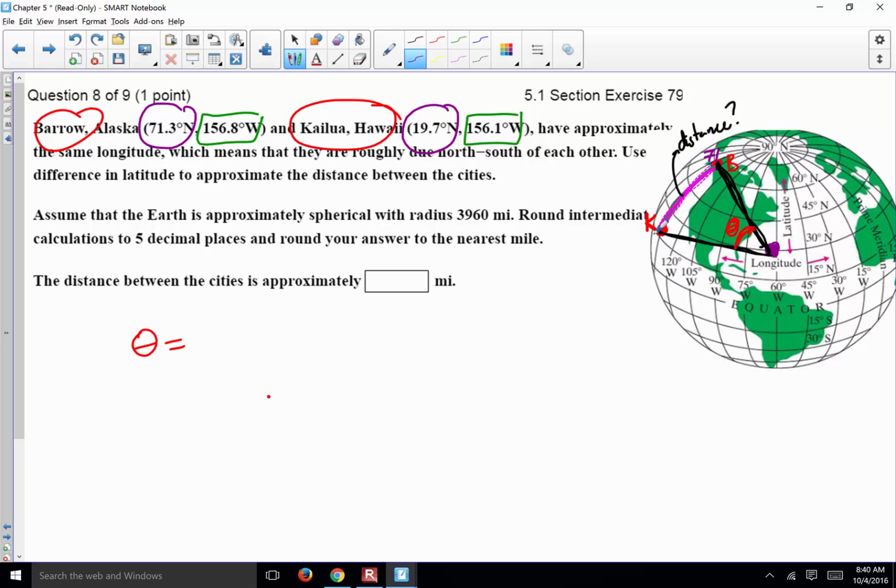This is sitting at 19 degrees. To measure this angle, what do you need to do? You just need to subtract them. So the angular distance between these two is 71.3 minus 19.7.